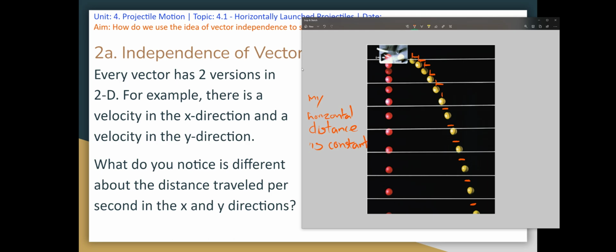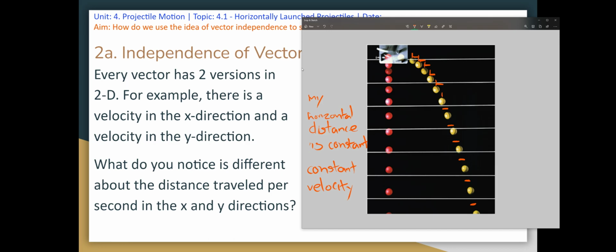And if we travel the same distance each second, we can say that my velocity is constant as well, right? So we have a constant velocity here, versus the vertical direction, where my velocity was increasing. But in the horizontal direction, my velocity is constant.